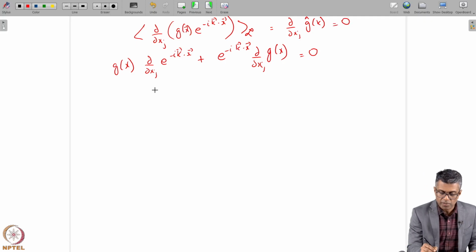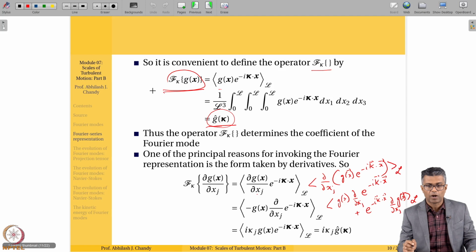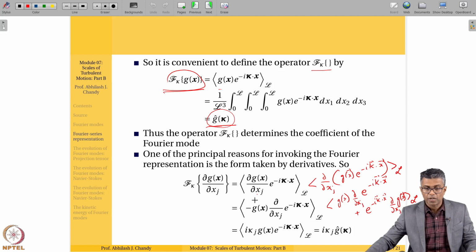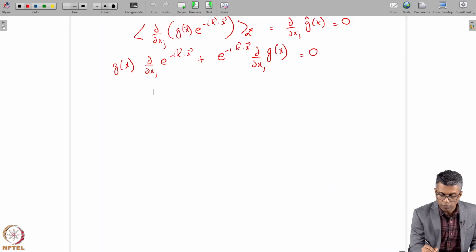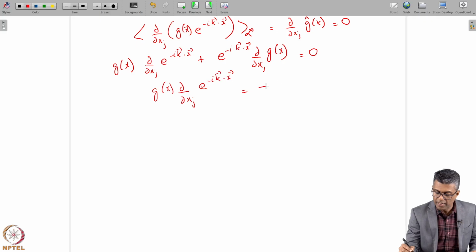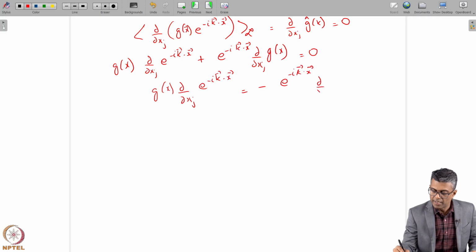So that is how I get this expression here. If I go back, I would have g(x) times ∂/∂xj of e^(iκ·x) is equal to minus e^(-iκ·x) times ∂g(x)/∂xj.